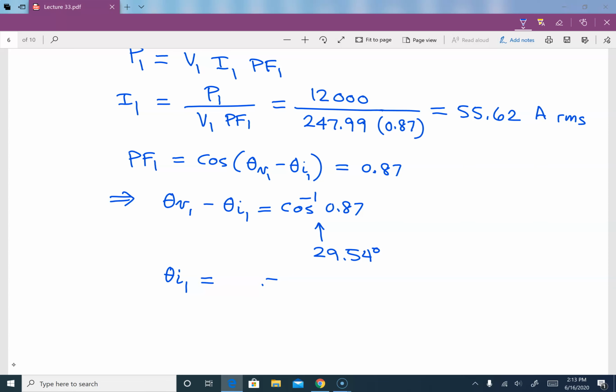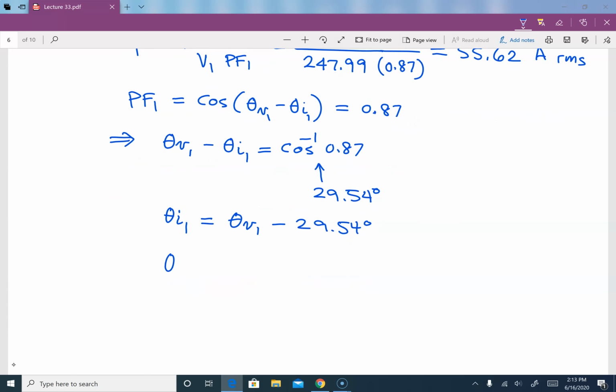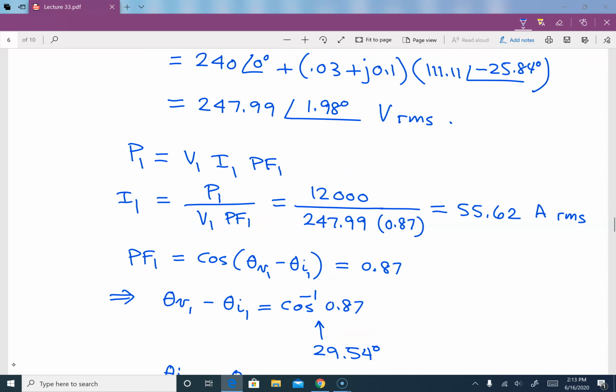Or theta I1 is equal to theta V1 minus 29.54 degrees. This is what I meant. So theta I1 is equal to theta V1, which came out to be 1.98 degrees, and that is from here.